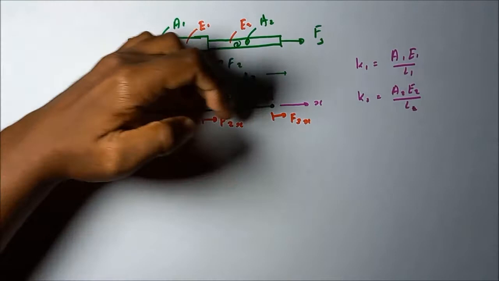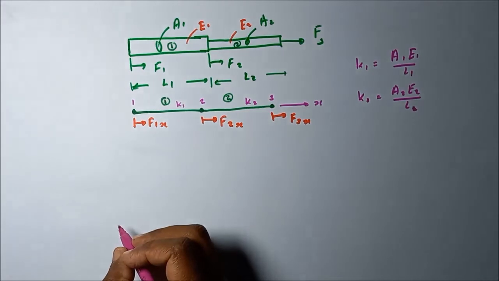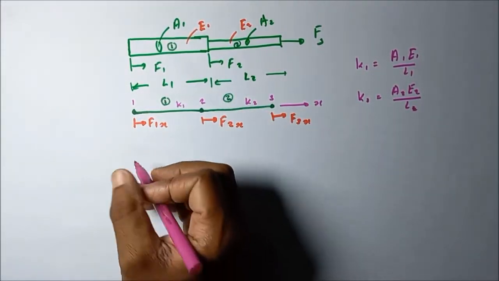Then this model I am going to discretize element-wise. That means I am going to represent this assembly element by element.